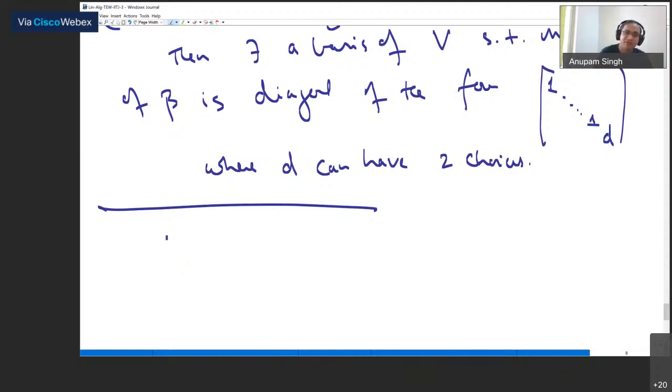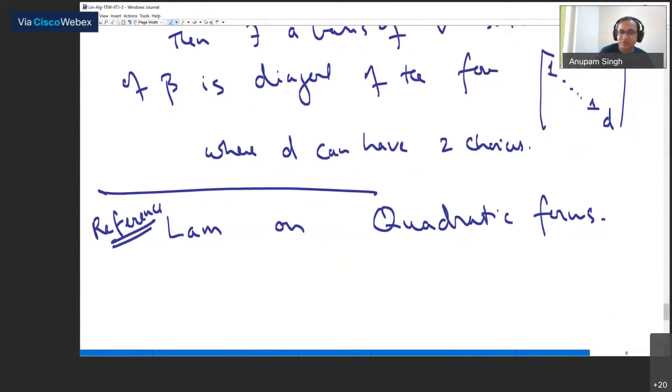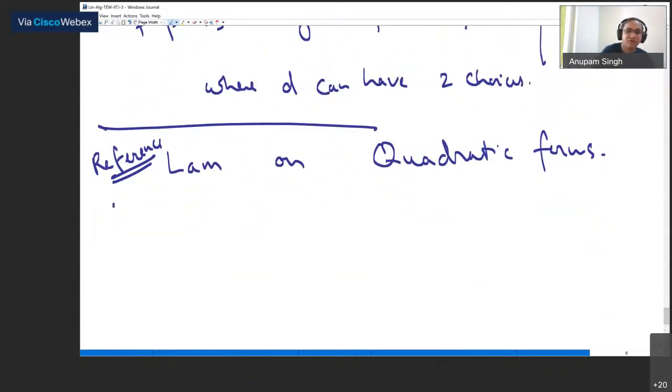People who are interested in this kind of problem can look at, let's say, a book by Lam on quadratic forms. Okay, so this is a reference. Later, maybe at the end or sometime today, I will actually write down some references and put them together.